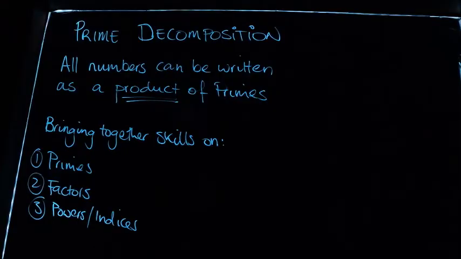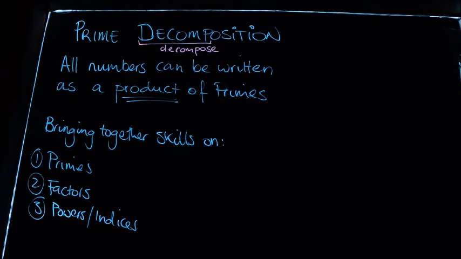Now what we're working on is prime decomposition. Hopefully you can see that word in here, decompose. We don't mean it in the sense that the numbers are breaking down and smelling bad or something like that.